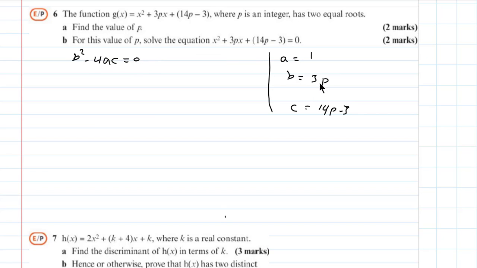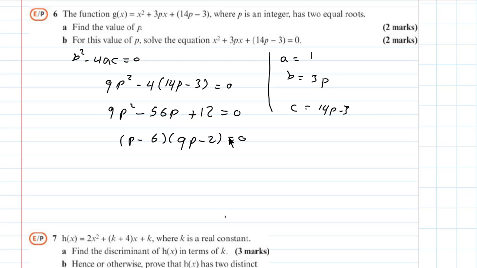B squared means 9p squared here, 9p squared minus 4 times a, which is 1, times c, which is 14p minus 3 equals 0. Expanding, we will have 9p squared minus 56p, and then plus 12 equals 0. P minus 6 times 9p minus 2 equals 0.